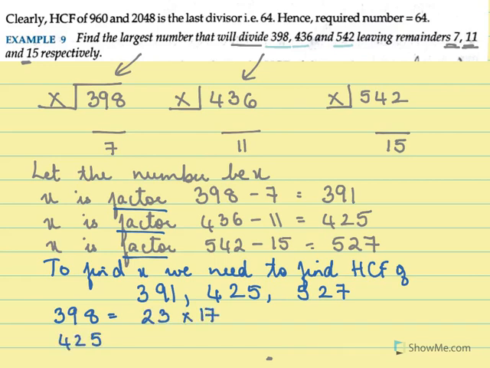Then 425. 425 is 5 square, 25, into 17. And then we have 527, which is 31, not 13. It is 31 into 17. Now to find the HCF, we take what is common, 17, 17, 17 common, and the highest power. So the answer is 17. The required number is 17.